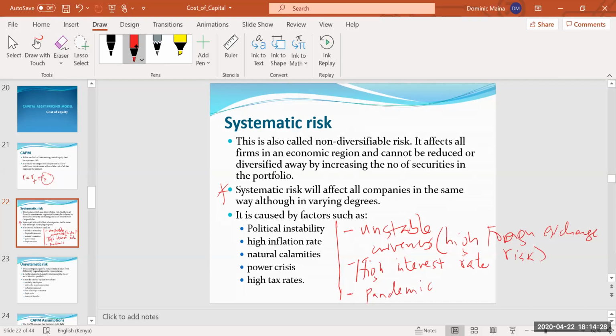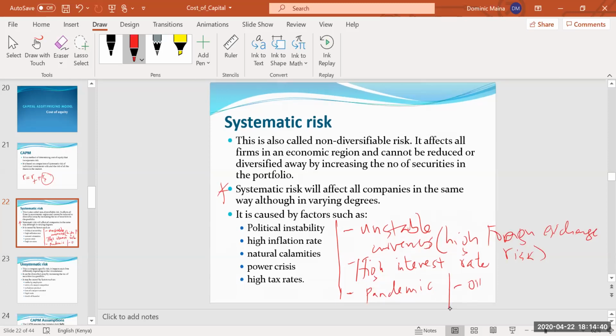No one can say that he has been shielded from that risk. Even in the case of oil prices, if we have unstable oil prices or a crisis, all these are factors that influence the investors in that particular market.